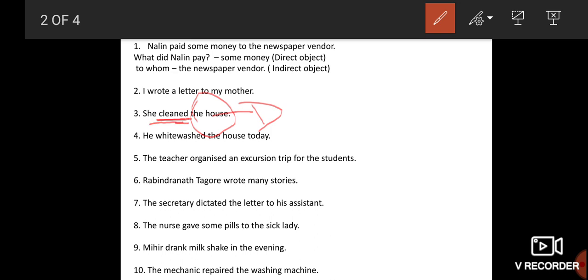Why is it a transitive verb? Because cleaned requires an object to complete a meaningful sentence. क्लीन्ड खुद में पूरा नहीं है, इसको इसके सेंस को कंप्लीट करने के लिए एक ऑब्जेक्ट की रिक्वायरमेंट है.